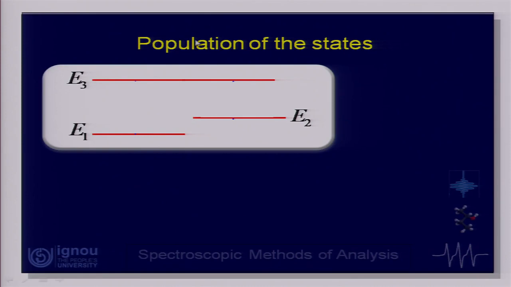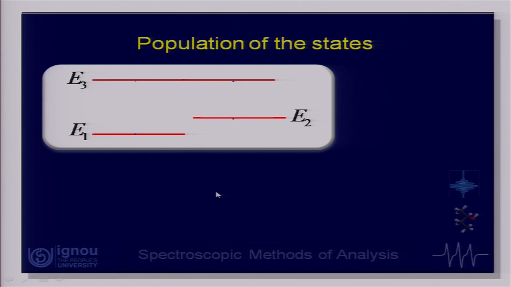Okay. Let us move further and talk about the second factor which determines the intensity. For this again I take up 3 different energy levels, level 1 energy E1, level 2 energy E2, level 3 energy E3.